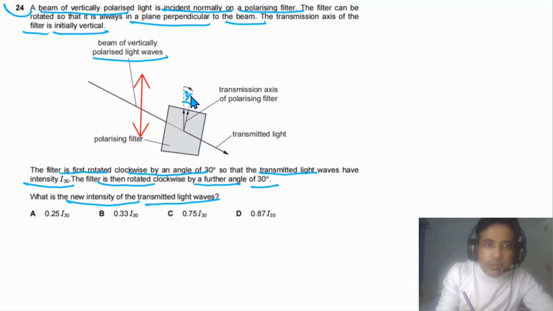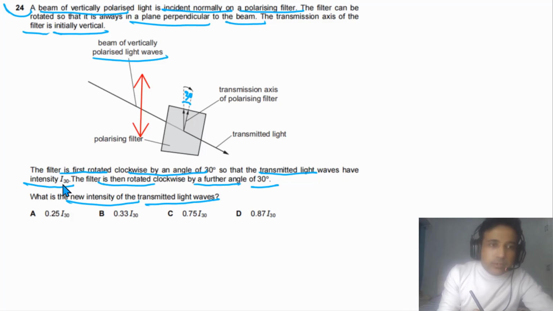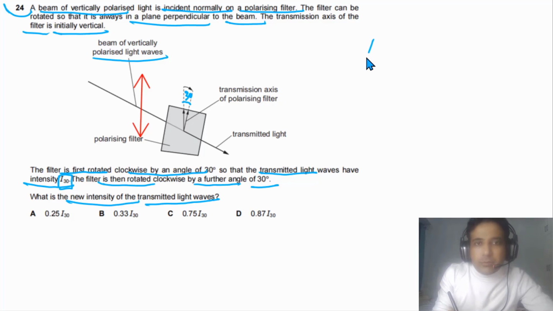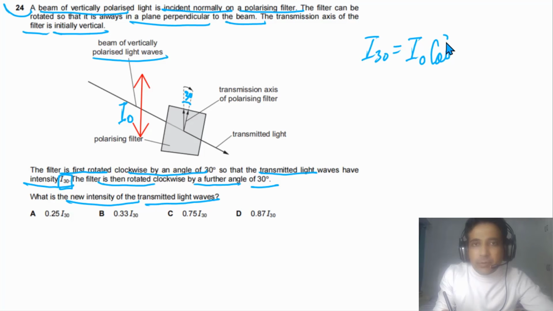So when we rotate the filter by 30 degrees, the intensity of transmitted light is I30. So simply we can say I30 is equal to I naught, since this light has intensity I naught, times cosine square of 30 degrees.